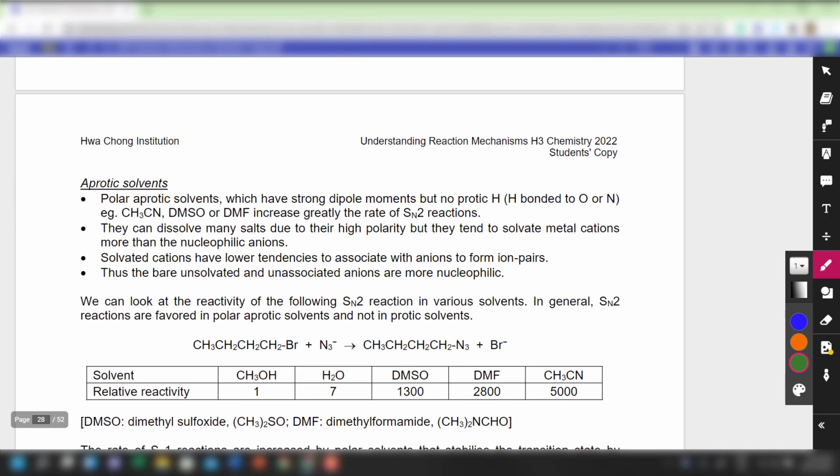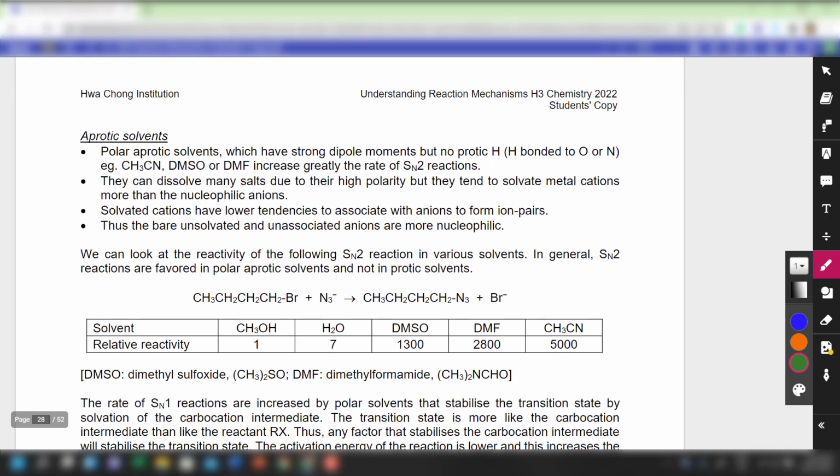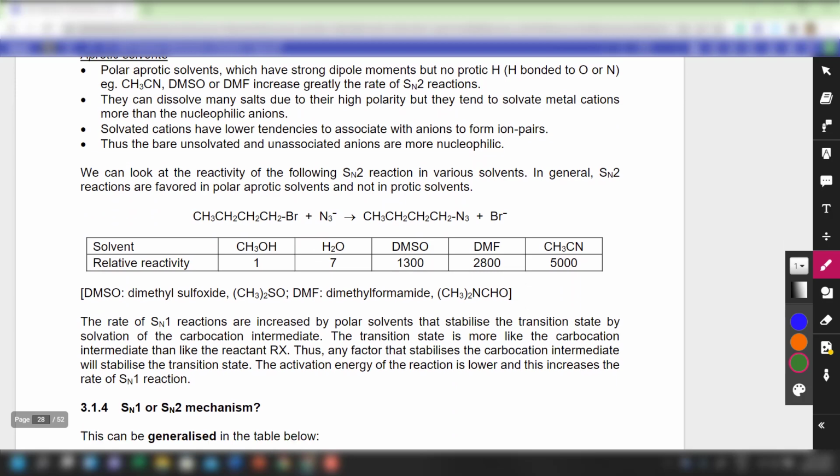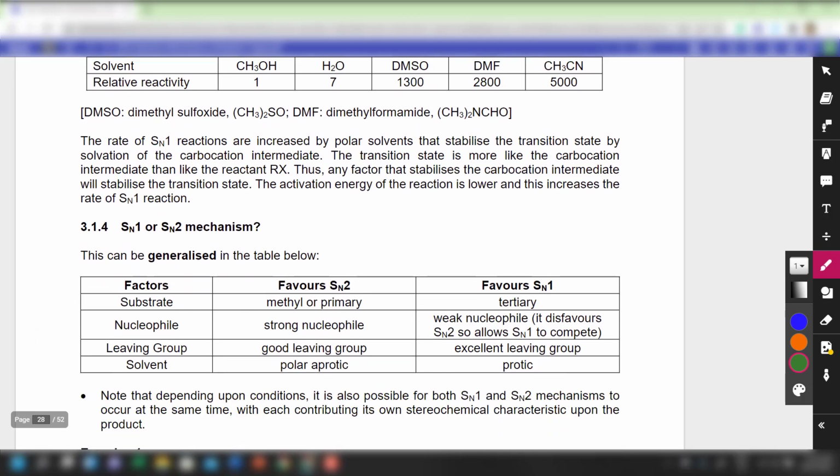They are able to solvate the cations well, but they cannot solvate the anions well. We have explained why that is the case in part D of activity 4, so please read up more about it. I won't repeat this because we have already talked about it in activity 4.